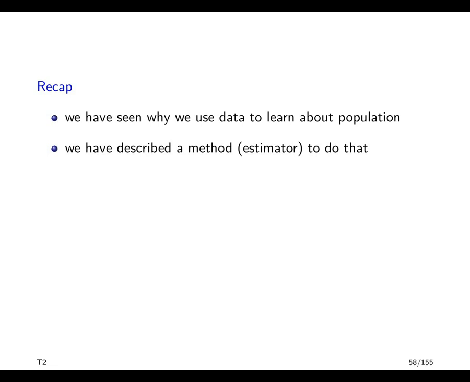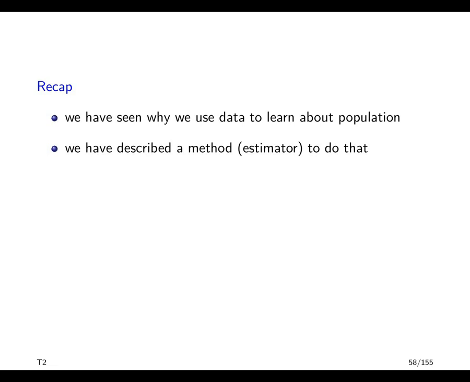We are now going to move into the second part of this topic, but just a quick recap of what we have seen so far. We started by arguing that we want to learn about relations between variables in the population out there that we do not observe, and that we are going to use the data to learn about the population. But the data is not sufficient.